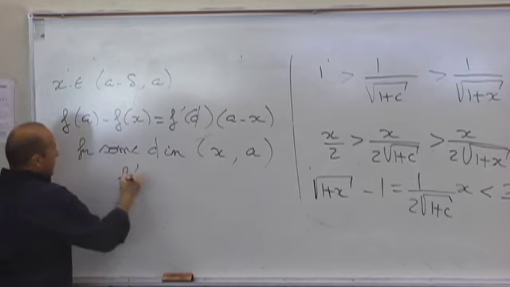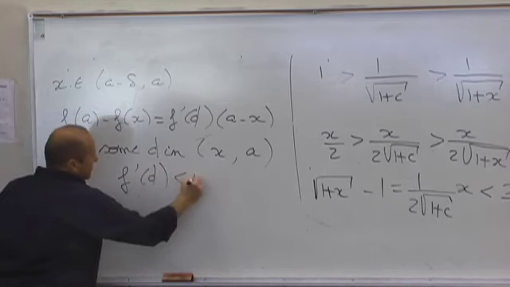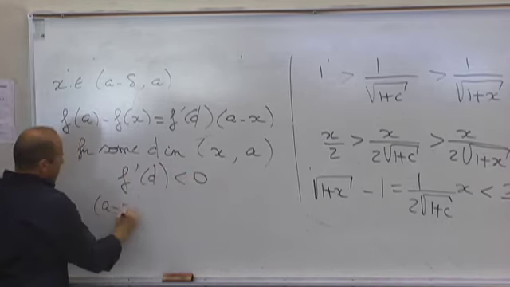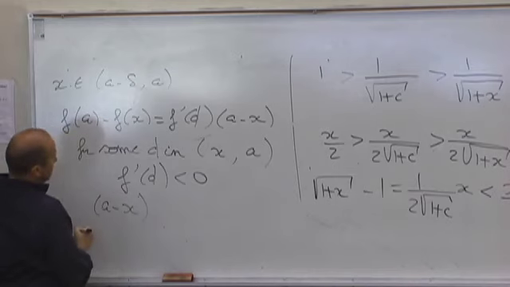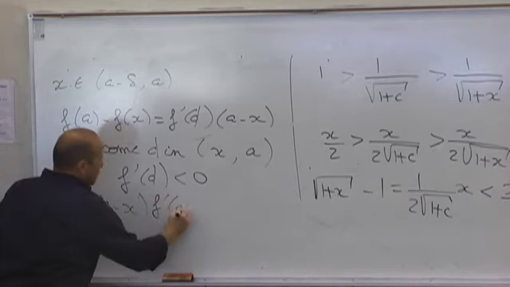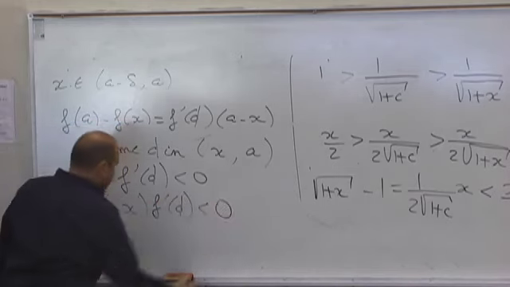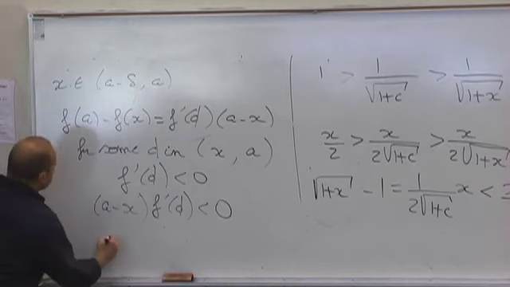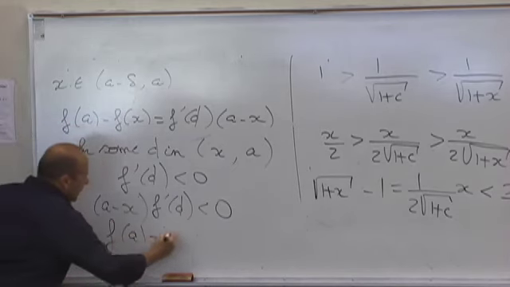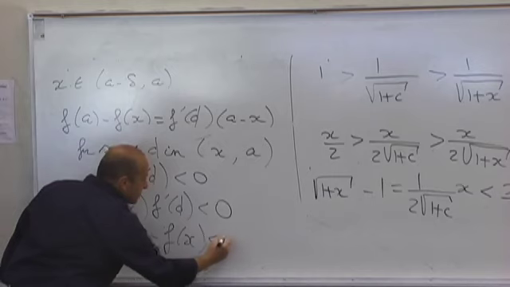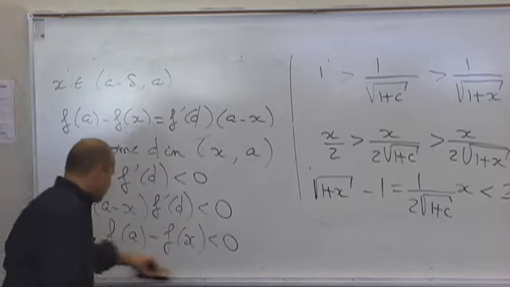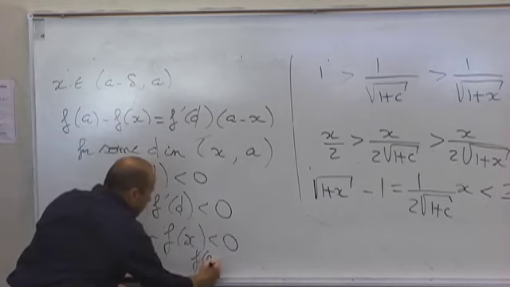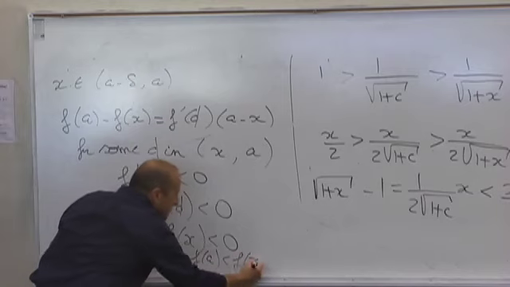And this time we have that f prime of d is negative, a minus x is positive, so when we multiply it's still negative, and therefore f of a minus f of x is negative. So we get that f of a is less than f of x.